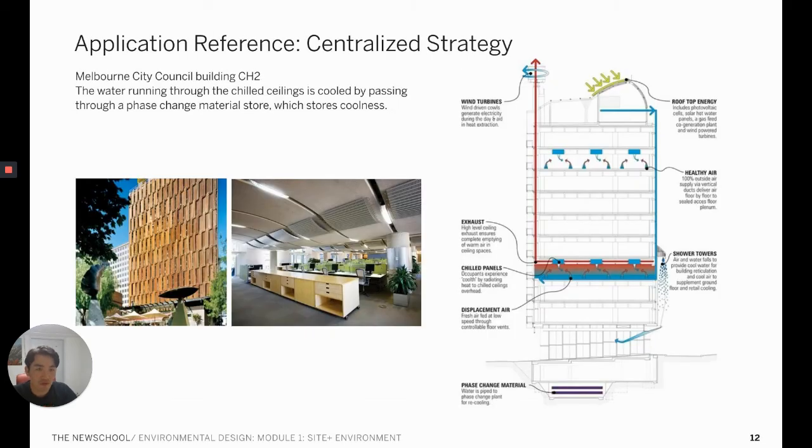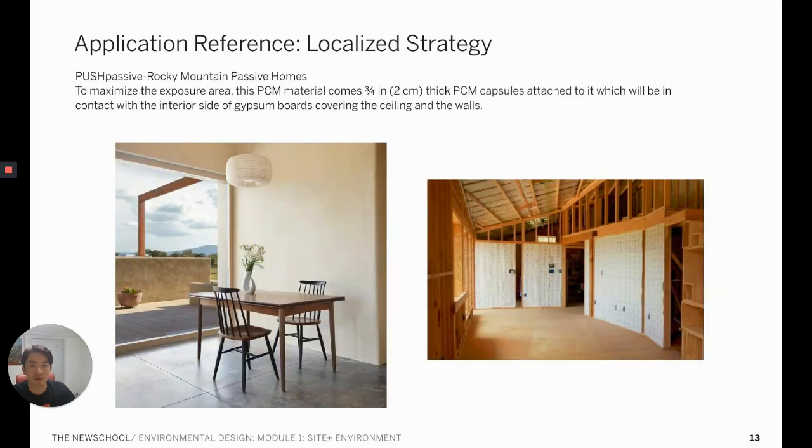Some buildings, such as the Melbourne City Council building CH2, use a centralized indirect method, which cools and distributes water that is cooled by PCM located in the basement of the building, and distributes the cooled water throughout the building in order to operate the chilled beams, which end up cooling the interior space.